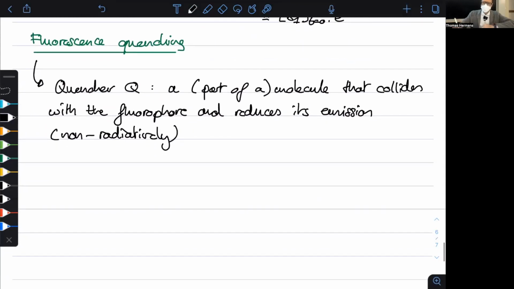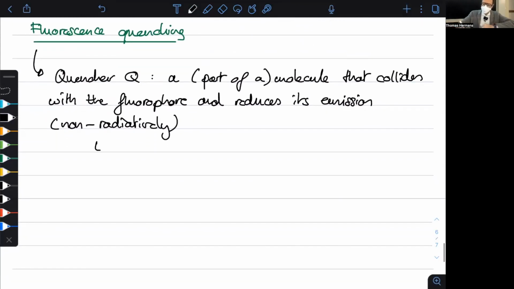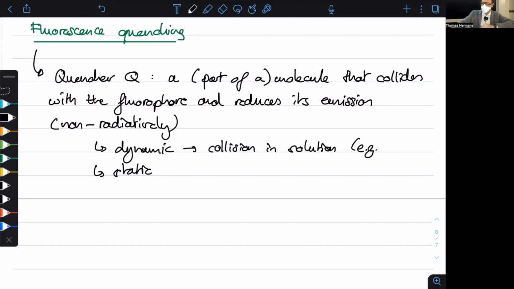Okay, and this can be dynamic or static. Dynamic means collision in solution, for example dissolved oxygen, and static means because of self-assembly.